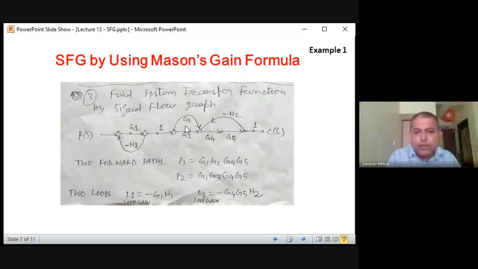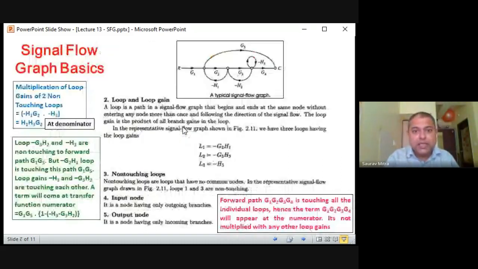In that case, this loop and this loop would have had a common node. This node is common for this loop and this loop. In this case, G2 and G3 are touching loops, because this node is common for both. But you find that this G2H1 and this H3 are not touching loops, because here there is this node and these two nodes.